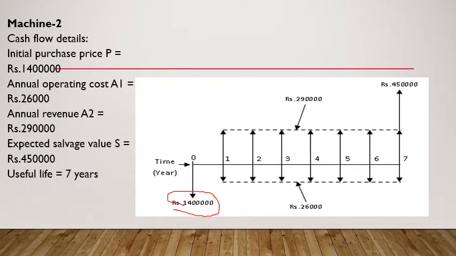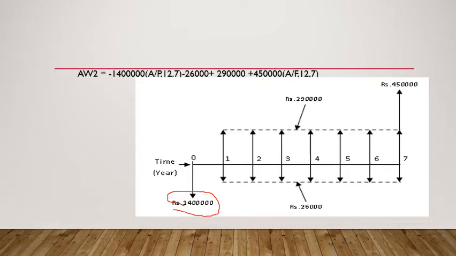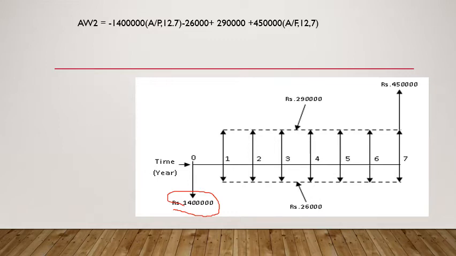Let us solve this problem now. AW2 is equal to minus 14 lakhs. It is P, convert that into A using the factor A by P comma 12 comma 7. Now you may be wondering, the life of asset 1 or machine 1 was 14 years, life of asset 2 is 7 years.